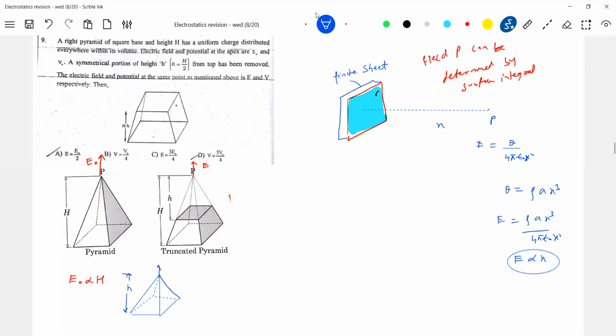So what should be the field E dash? E dash should be proportional to h. This E naught is proportional to this one.